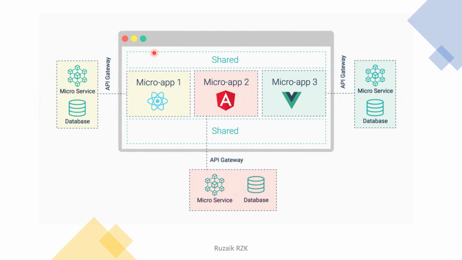And finally, all the separate micro apps and microservices, the micro front-end apps, are plugged into the main shell app. Okay, so this is the basic concept behind micro front-end technologies.